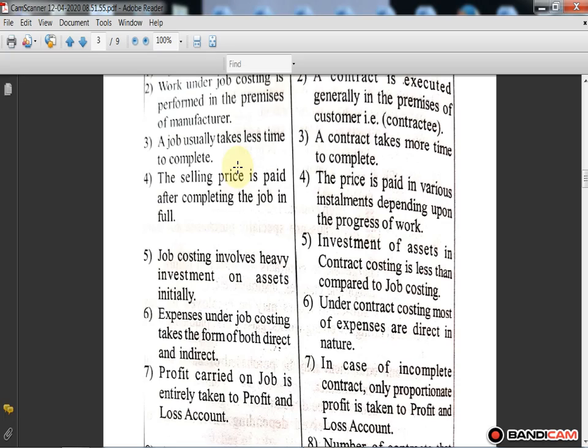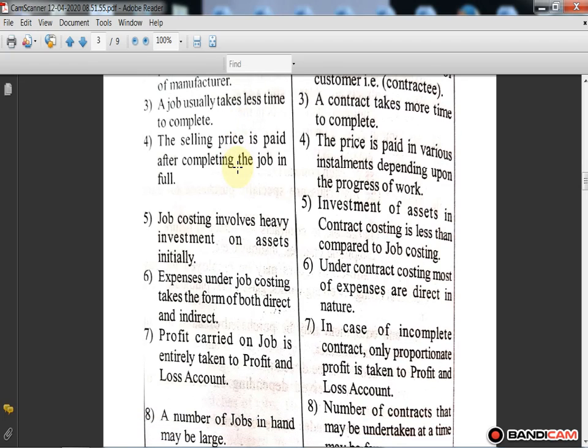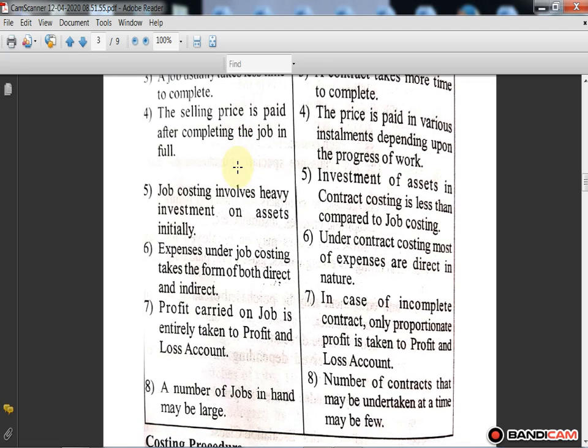Seventh point, profit earned on a job is entirely taken to the profit and loss account. In contract costing, in case of an incomplete contract, only proportionate profit is to be taken to the profit and loss account.